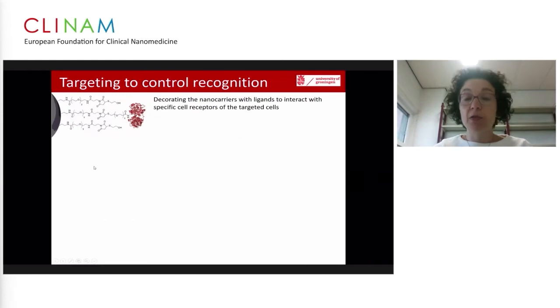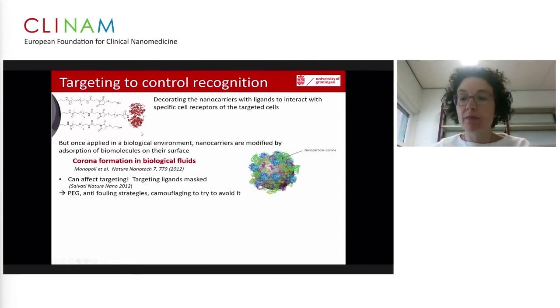And of course, in nanomedicine, we try to use active targeting, molecular targeting. We try to attach ligands on the surface to specifically recognize the targeted cells. And we know that that's extremely challenging for many different reasons. It's not as simple as attaching an antibody. And we also know that once the nanomedicines are applied in a biological environment, as we have already heard today, there is a corona formation on the nanomedicine and nanoparticles, and this layer changes completely the interactions with cells.